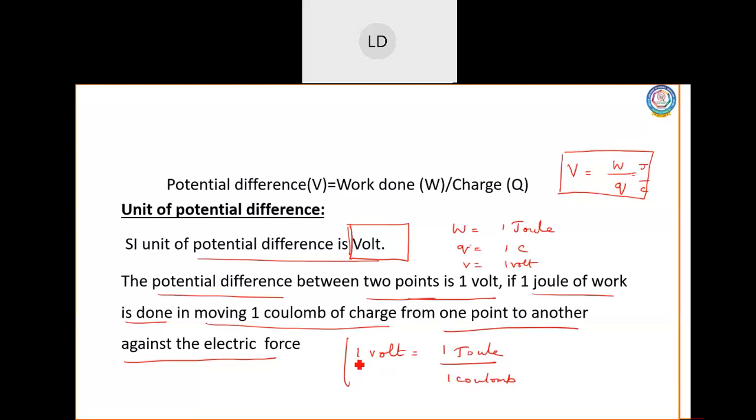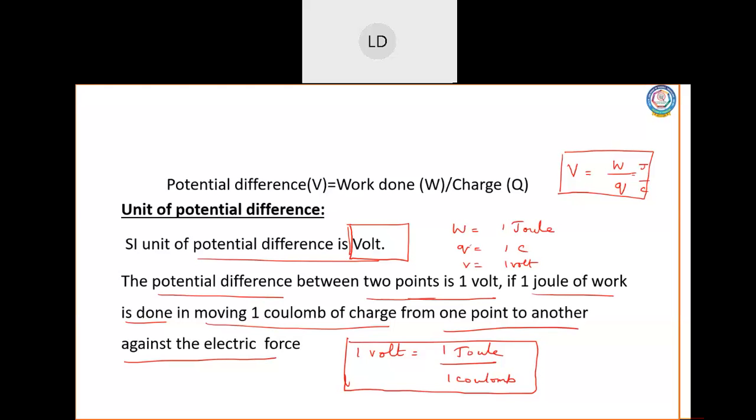The potential difference between 2 points is said to be 1 volt when 1 joule of work is done to move 1 coulomb of charge from one point to another against, remember, always the work is done against the electric force of repulsion whenever the charges are similar. Is it clear, children?